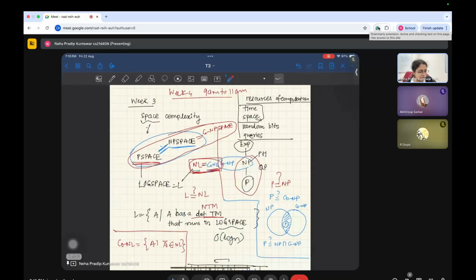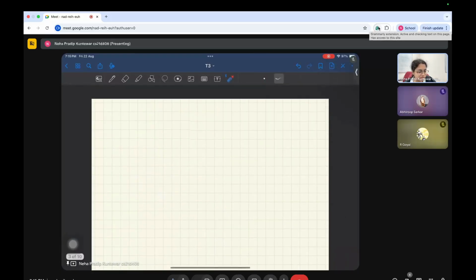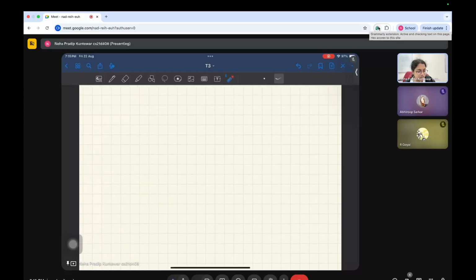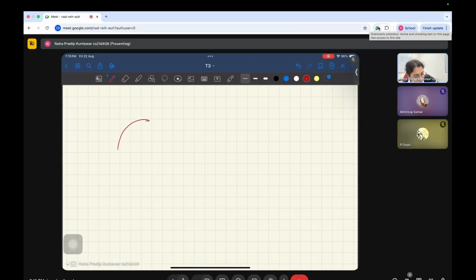Before we get to that, it's a slight digression, but I'll take 10 minutes to go back to one question that was asked earlier. I'll bring back the context. We had this figure where we had NP and P, and we defined the notion of NP completeness.